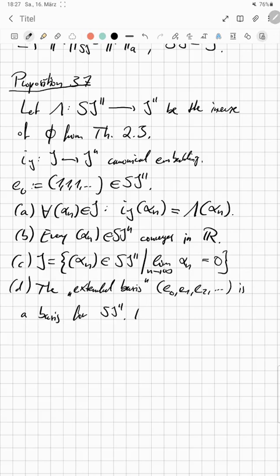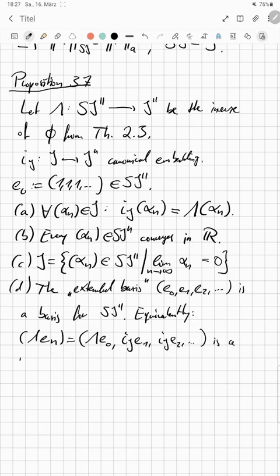And what we will get equivalently is that this sequence, so lambda of the ENs, which will be lambda E0 and then lambda E1, etc. But we know that lambda E1 is just the same as ij of E1, so this is ij E1, ij E2, and on, is a basis of j. This will just be equivalent.